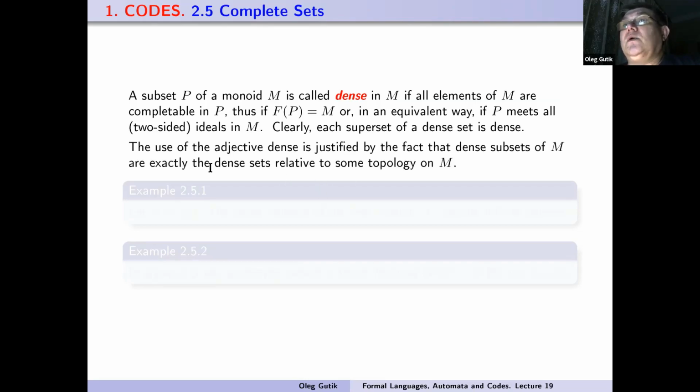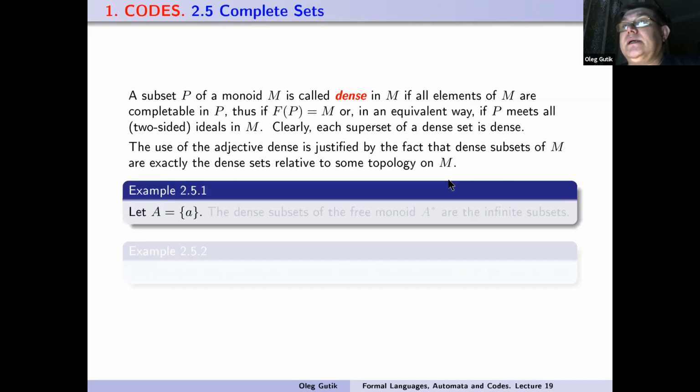The use of the adjective dense is justified by the fact that dense subsets of the monoid M are exactly the dense sets relative to some topology on the monoid M.